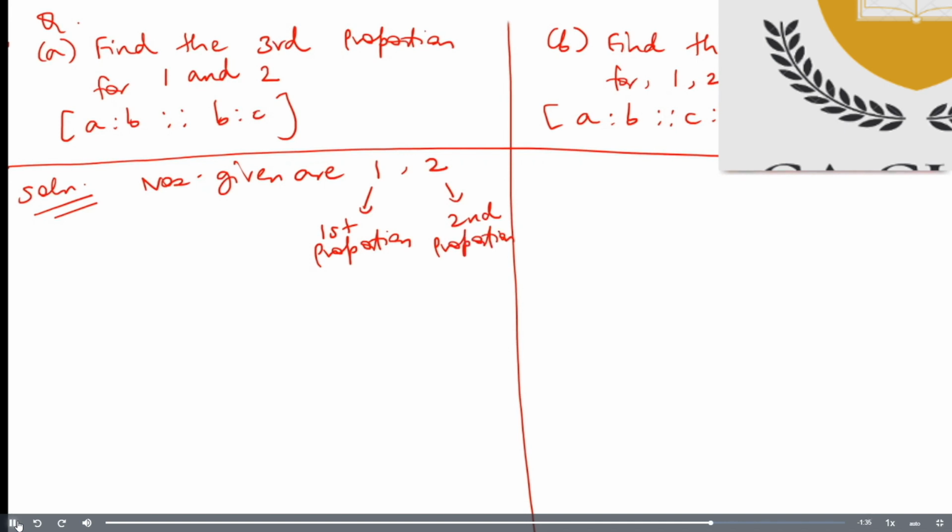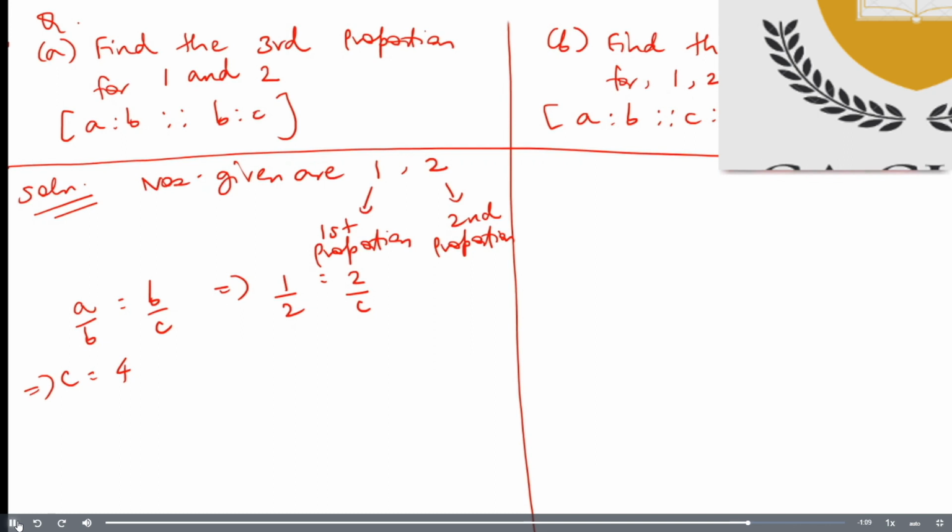Therefore, you know that A by B is equal to B by C. 1 by 2 is equal to 2 by C. They're asking you to find the third proportion. C is equal to 4.